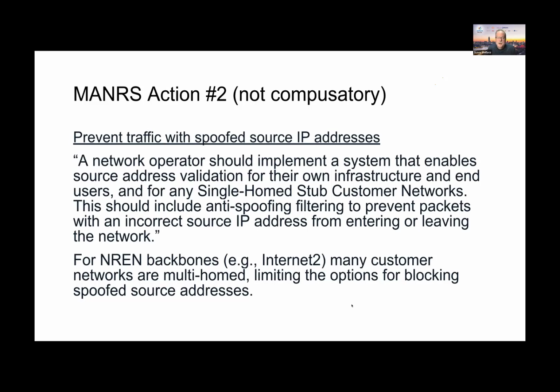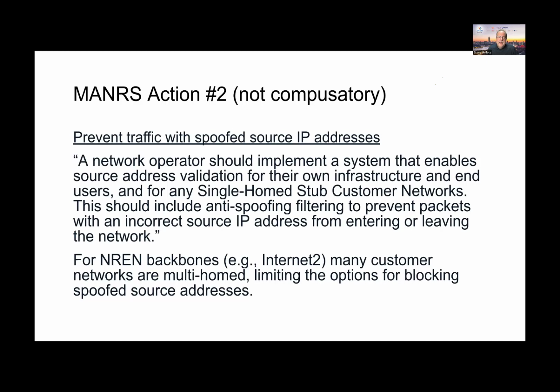And so part of the challenge is, while Internet2 may not be able to enforce this, or an NREN may not be able to enforce this for their downstream customers, it is a good idea for the downstream customers to protect the internet as a whole, to ensure that their campuses can't be the source of spoofed IP packets.